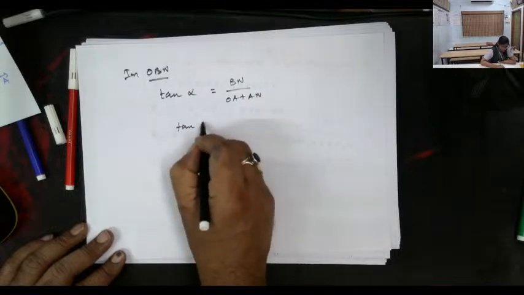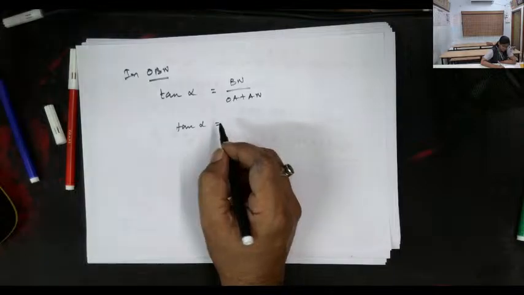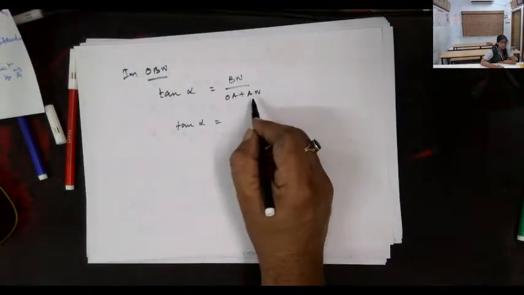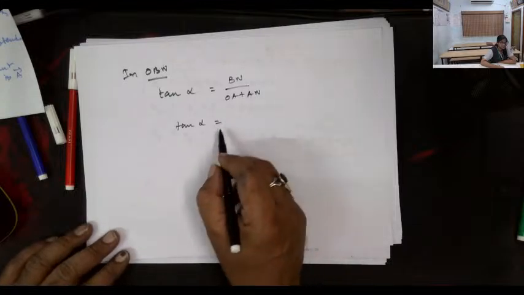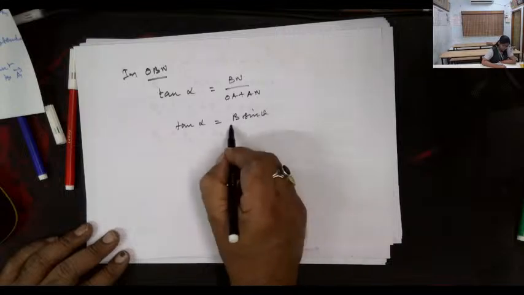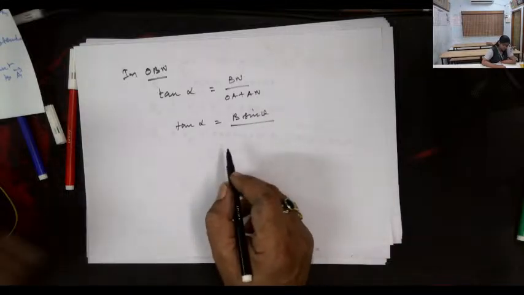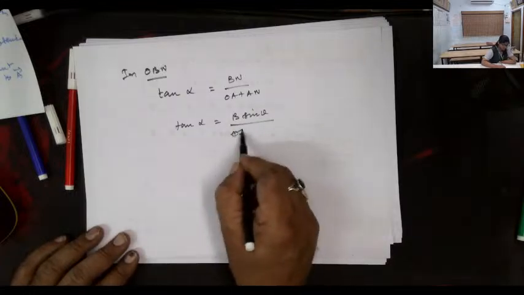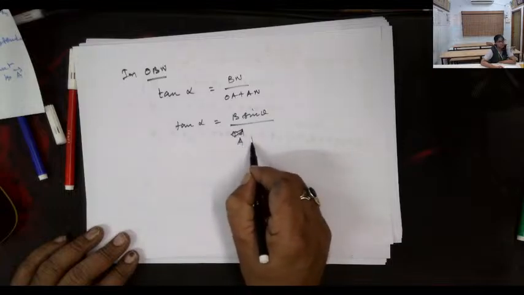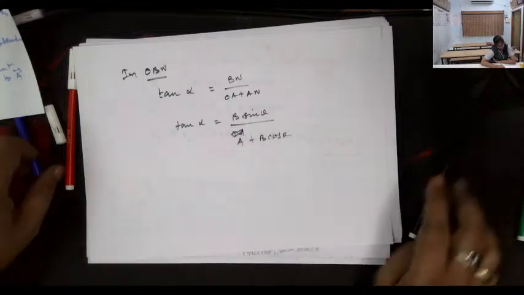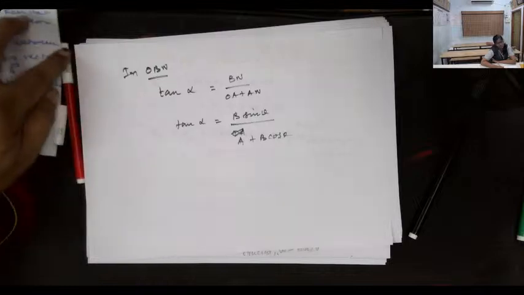What is BN here? B sin theta. And ON is A plus B cos theta. So BN is B sin theta, divided by OA, is it not? OA is nothing but the magnitude of A plus B cos theta. Okay? Do you understand this?